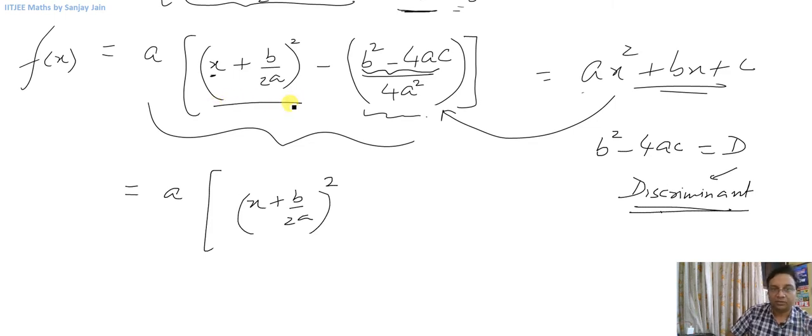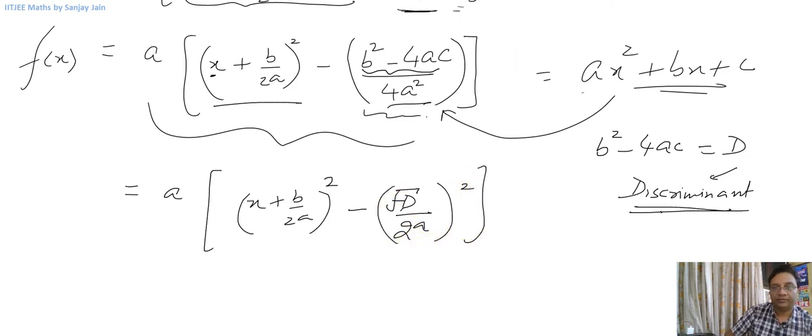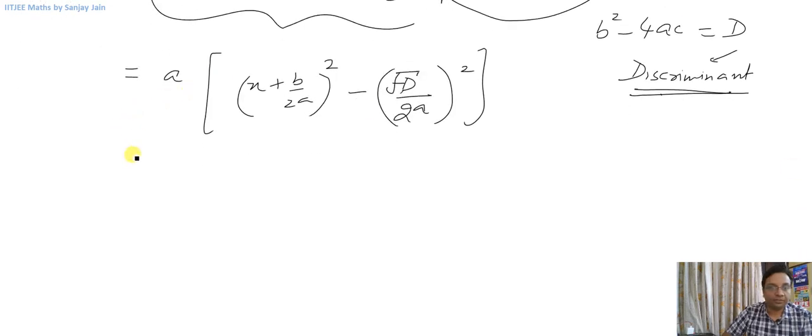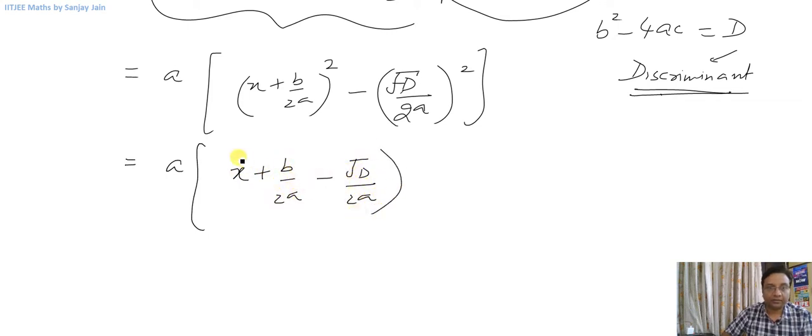So this minus, I can write it as root D by 2a whole square. Now this is in a square minus b square form, so I can write it as a minus b and a plus b.